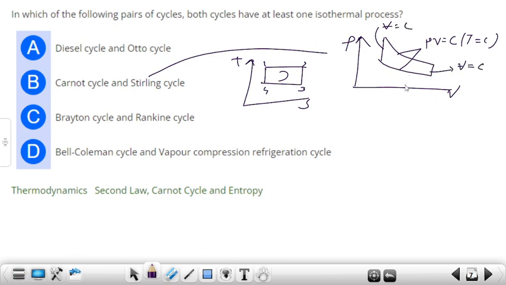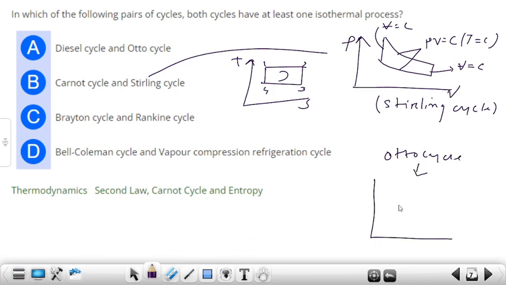And this is the Stirling cycle, and the Otto cycle is this: this is a constant volume process, this is a constant volume process, and the expansion and compression are adiabatic. These are the reversible adiabatic processes.